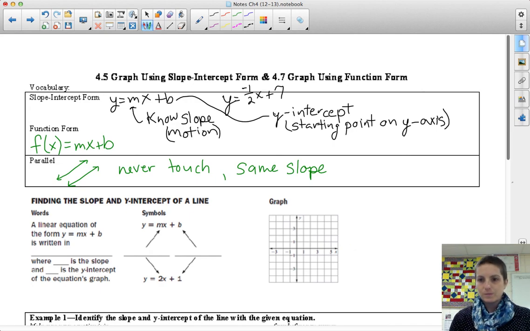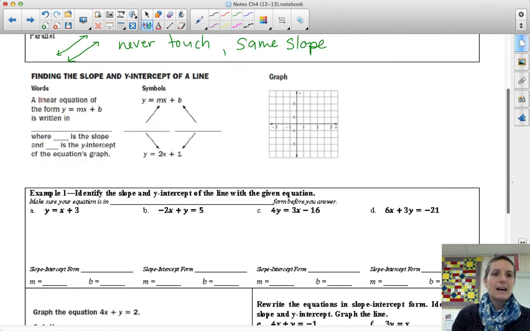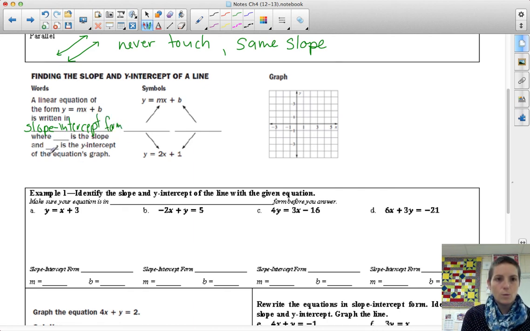So let's go down here a little ways. It says, finding the slope and y-intercept. A linear equation of the form y equals mx plus b is written in slope-intercept form, where m is the slope and b is the y-intercept of the graph's equation.